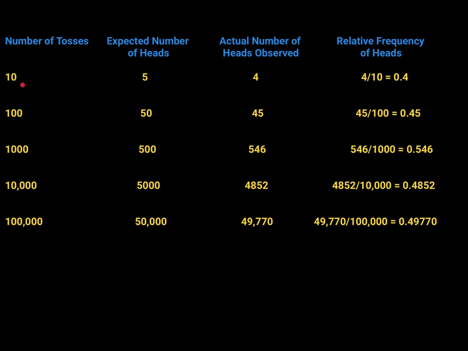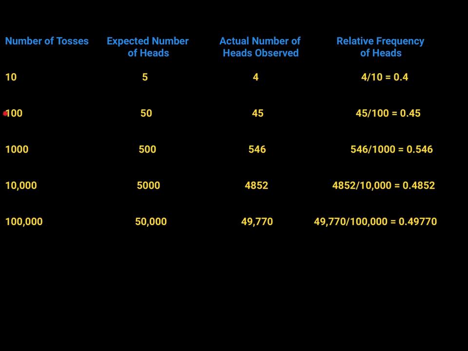So if there are 10 tosses, we expect 5 heads. But after tossing the coin 10 times, we actually got 4 heads. So the relative frequency of heads, the probability P of E, is 4 out of 10, which is 0.4, which is 40%. Not quite 1/2.